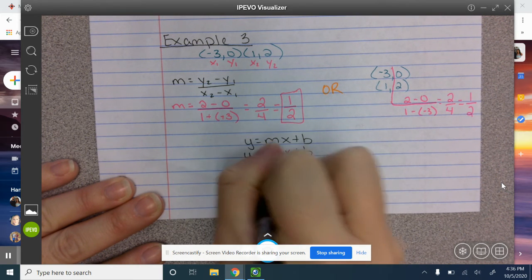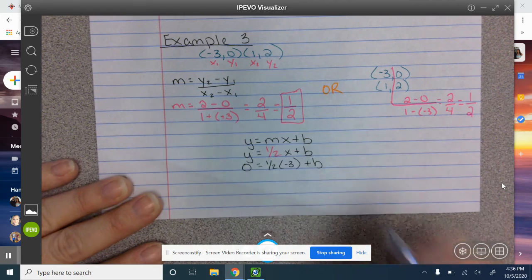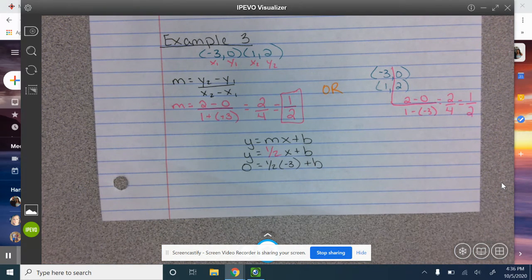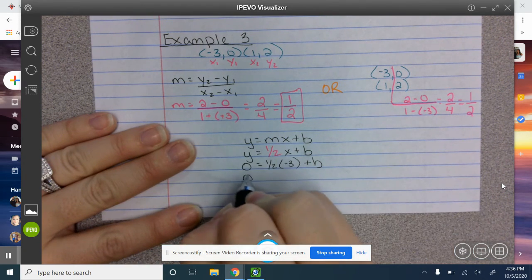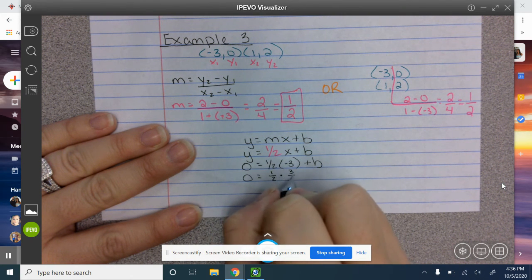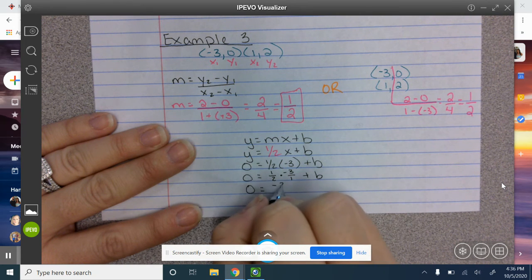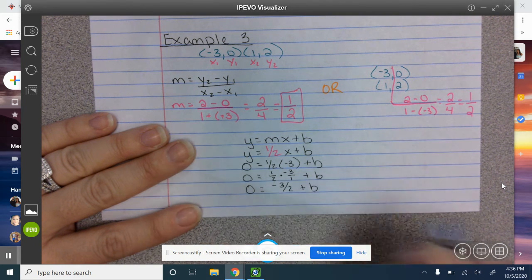So I'm going to have 0 equals 1/2 times negative 3 plus b. So 0 equals, right here, this would be 1/2 times negative 3 over 1. So 0 equals negative 3 over 2 plus b.